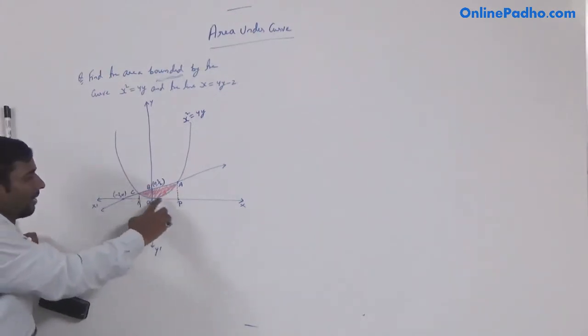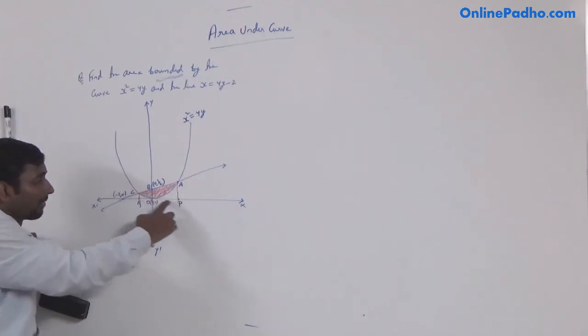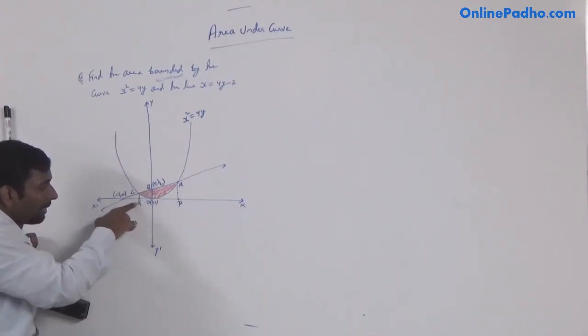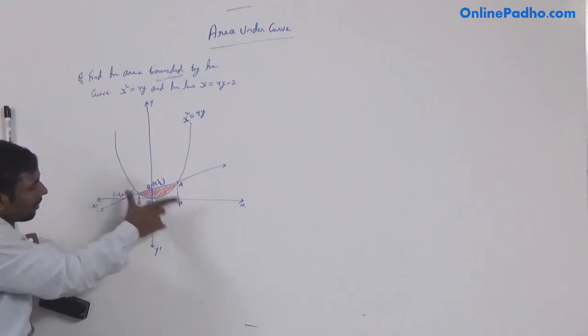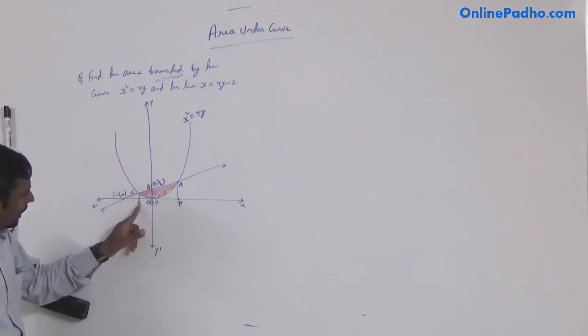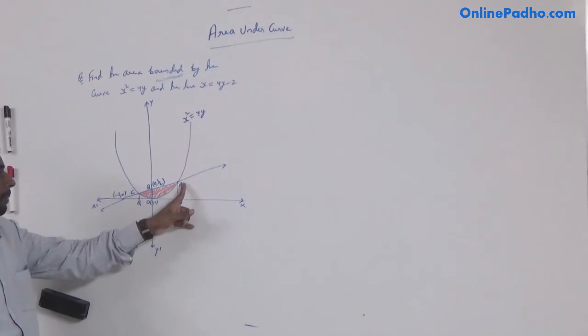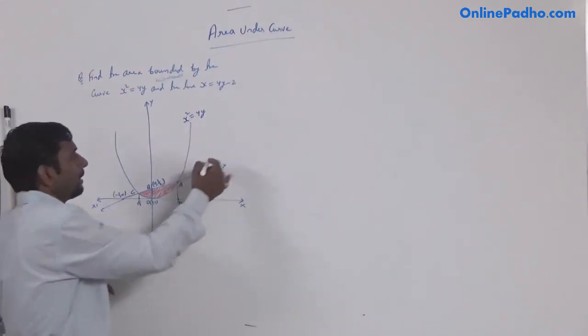So we can find the area of QPAC. To find the area of QPAC, we must know the point Q and point P. What do we mean by point Q and point P? The point Q is the x-coordinate of point C and point P is the x-coordinate of point A. Now how can we find these points?